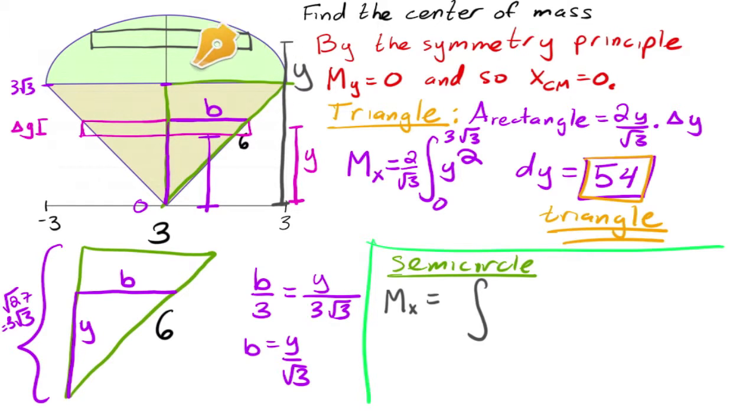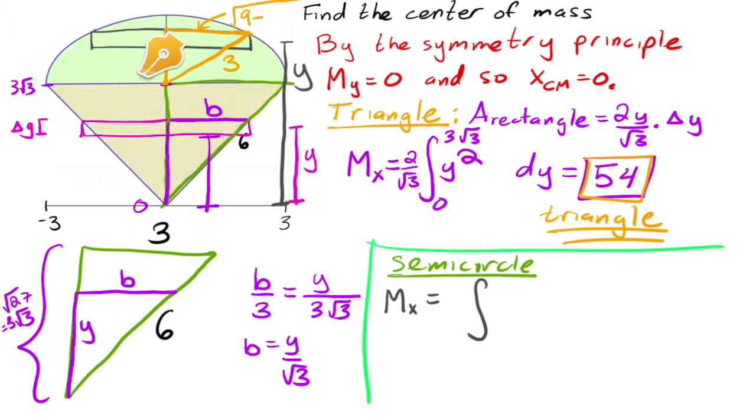But now my rectangle, notice that I need to figure out what this is again. Now, if I draw a line from here to here, that's the radius of the semicircle, which is 3. So what that means is that half of the width of my rectangle is going to be the square root of 3 squared, which is 9, minus the height of this triangle.